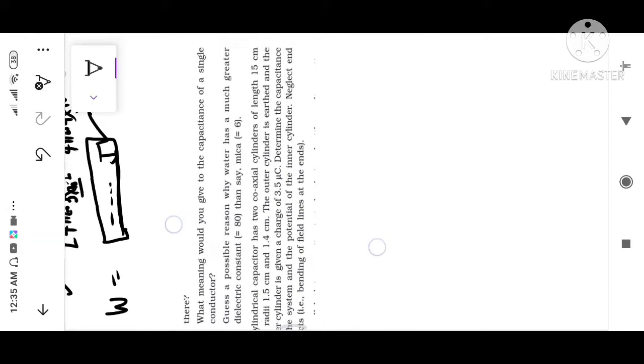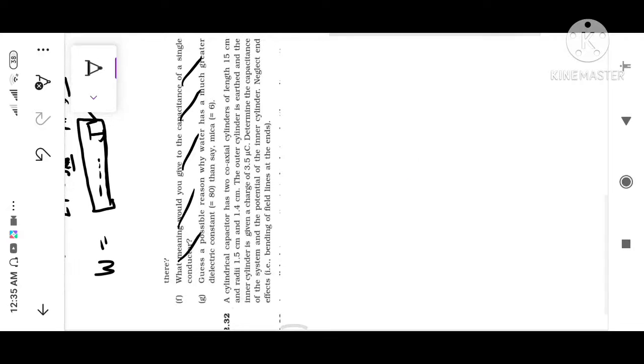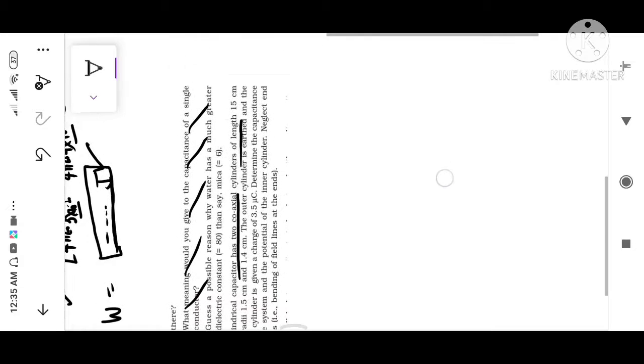Question number 32 in NCERT. Ignore this one because this is what I have taken. From here it is question number 2.32. A cylindrical capacitor has two coaxial cylinders of length 15 centimeter. Okay, so let me write the data first.